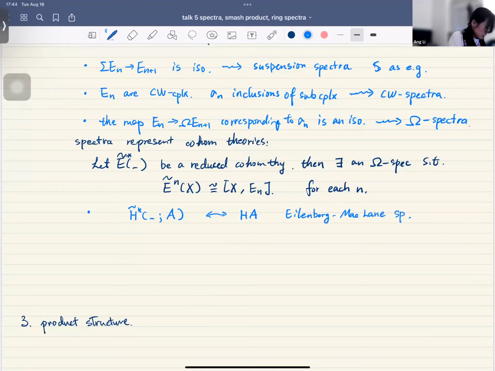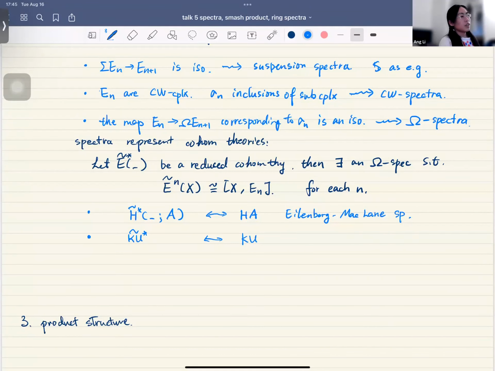And then if your cohomology theory is K-theory, it is awkward to write down because often we also write KU there, and it corresponds to the spectrum, which we also write KU. And the same for MU.